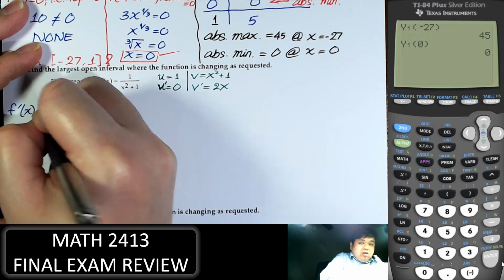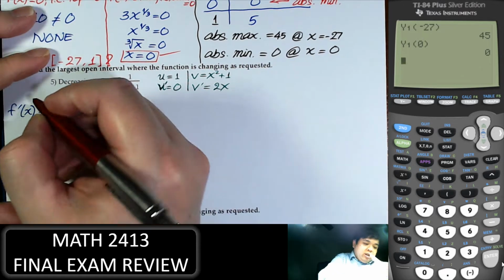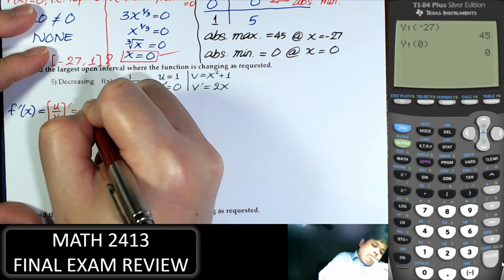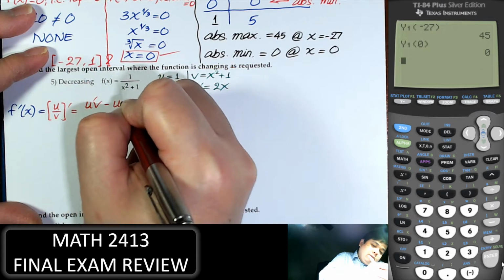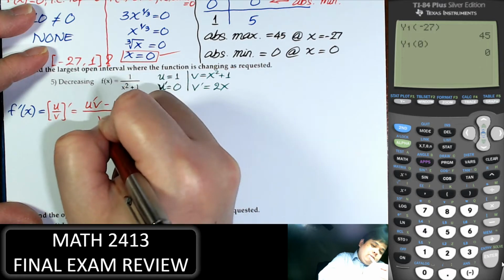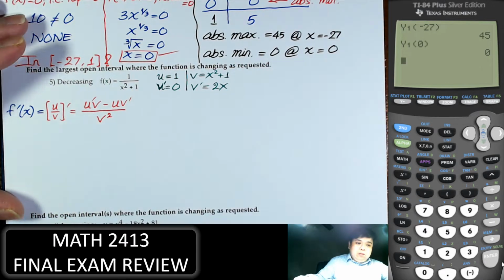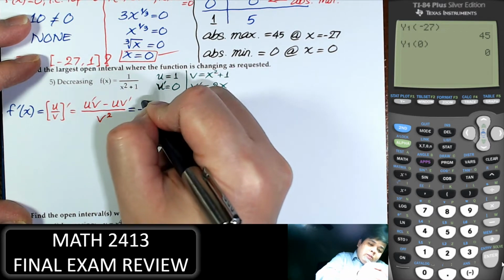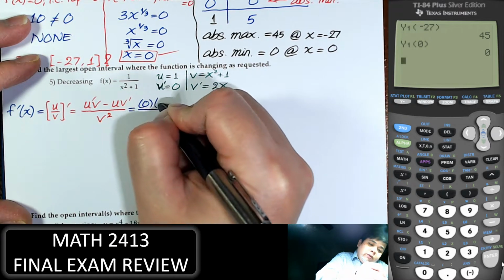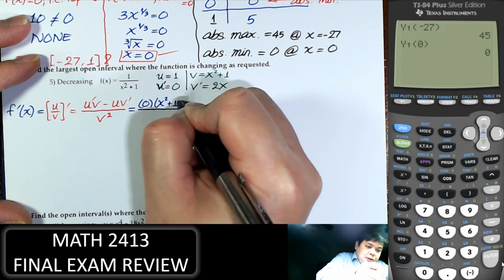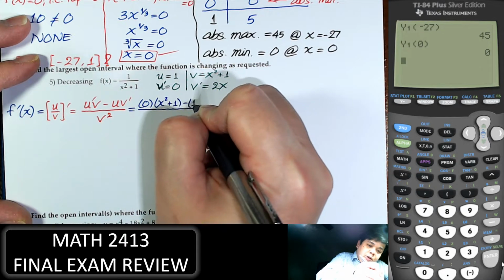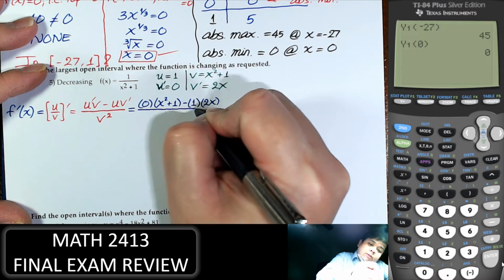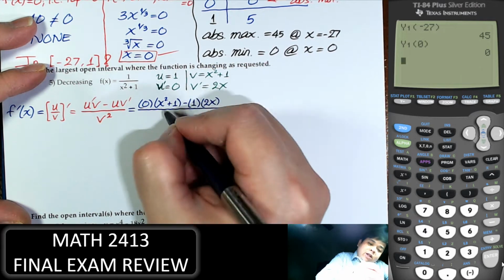This is a quotient, so the quotient rule: u prime v minus u v prime over v squared.